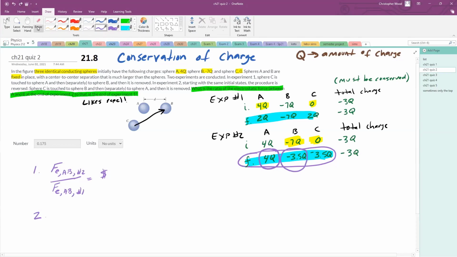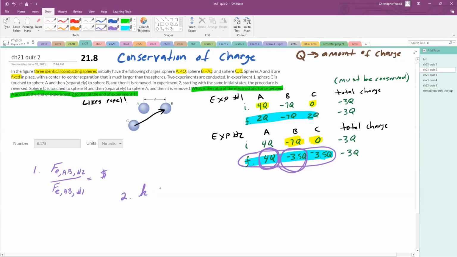Let me move this over. The net electrostatic force between particle A and particle B at the end of experiment number 2 is K.